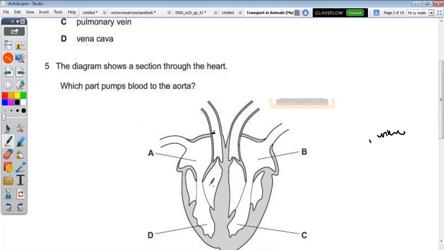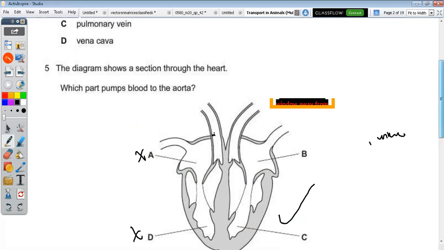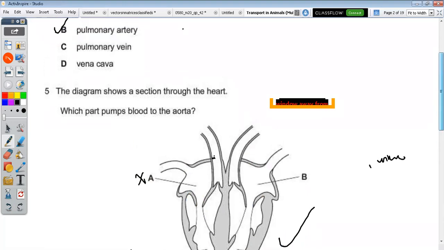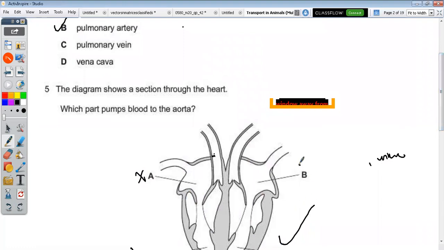So this is deoxygenated blood, from the body through the vena cava to this. The answer is this: the left ventricle pumps blood to the aorta. Clear? Then you ask maybe, why are we not saying left atrium? I'll explain to you there.